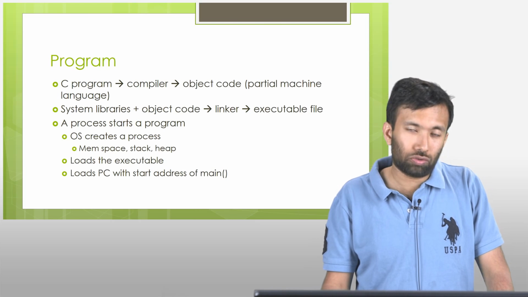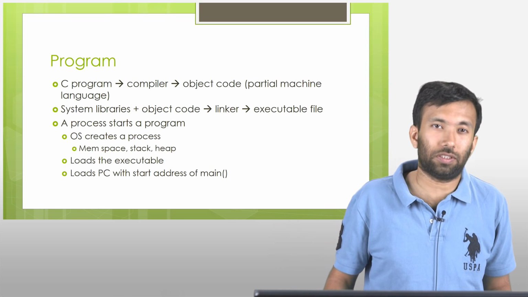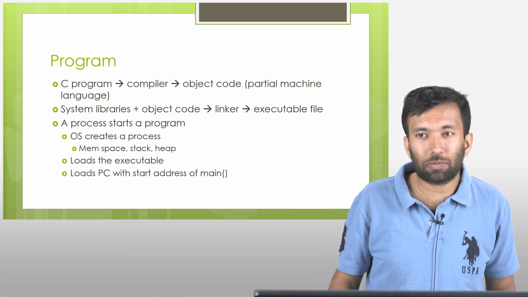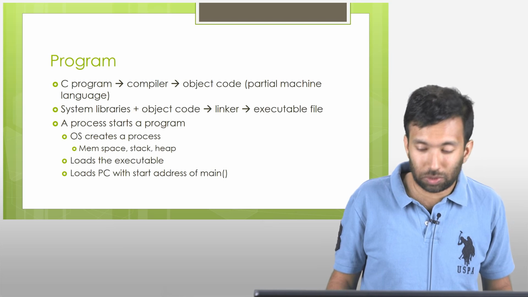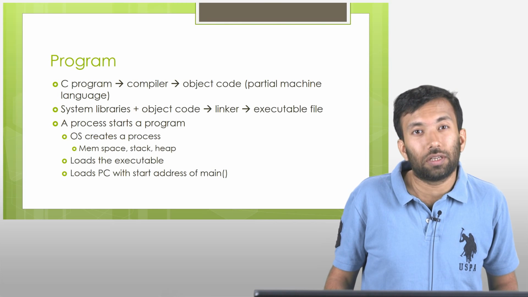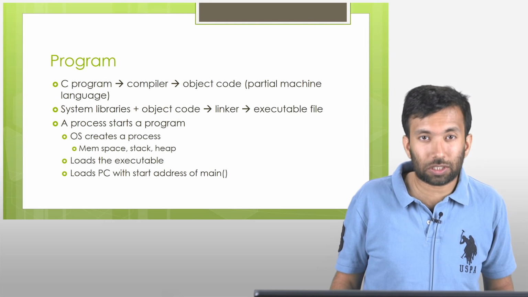Now the module 2, which is CPU scheduling, will talk about how to manage processes. So a process can have multiple programs, and we have to manage the processes. And by manage, what we mean is that there is just a single CPU because we are using a single processor system.